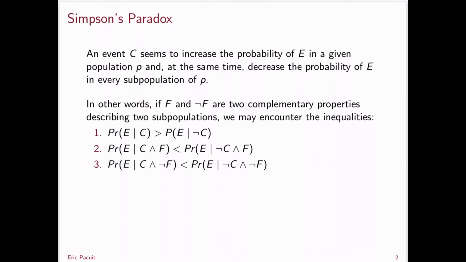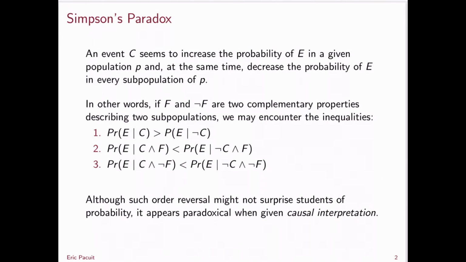Third, if we restrict attention to all the people satisfying not F, then again, C lowers the probability of E, in the sense that the probability of E given C and not F is less than the probability of E given not C and not F. And so this is puzzling.